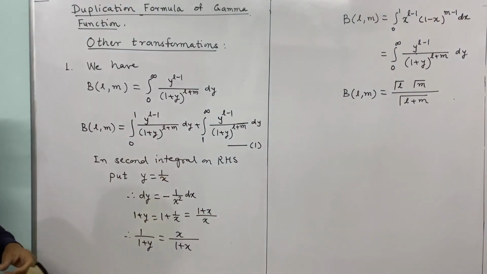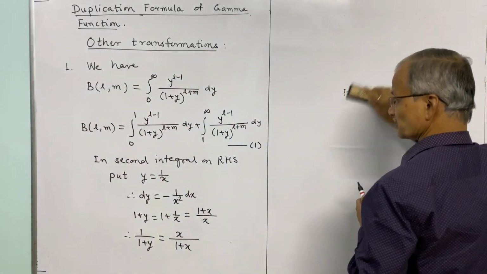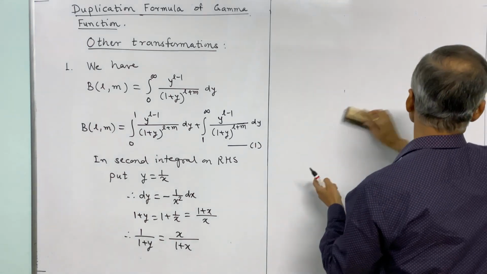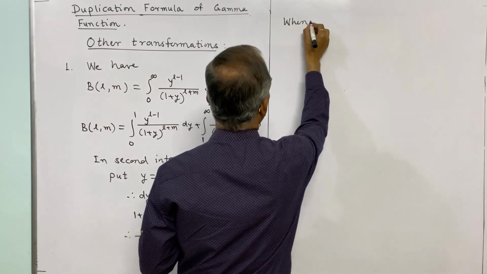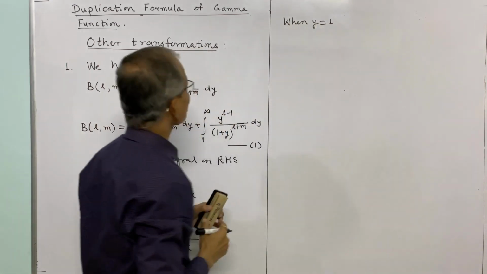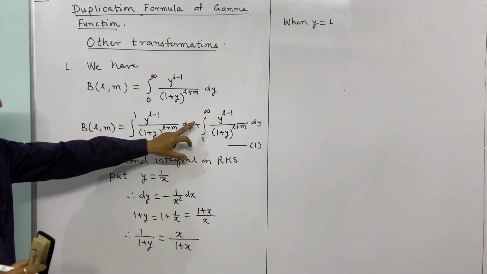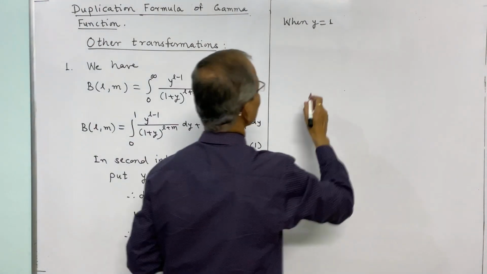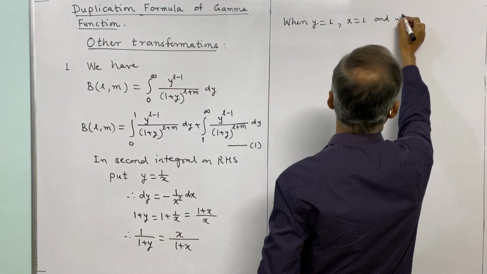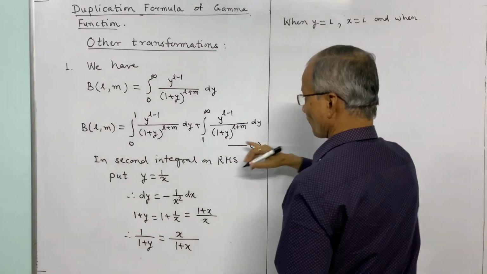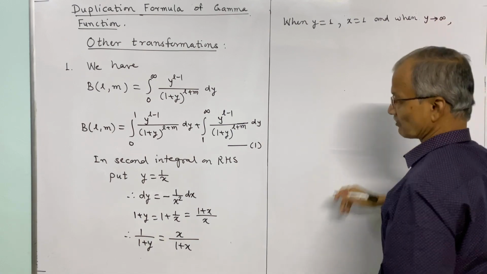And now what about the limits? When y is 1, what is x? The original limit of y is 1, and then x is also 1. And when y tends to infinity, what about x?